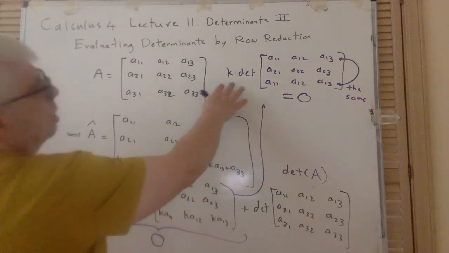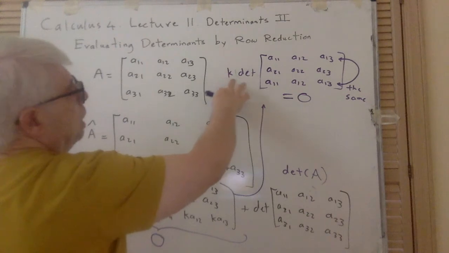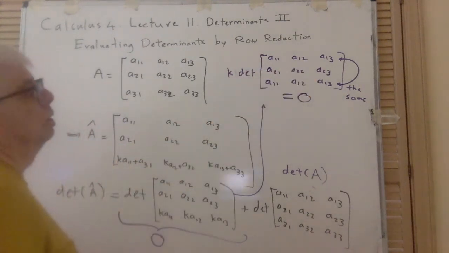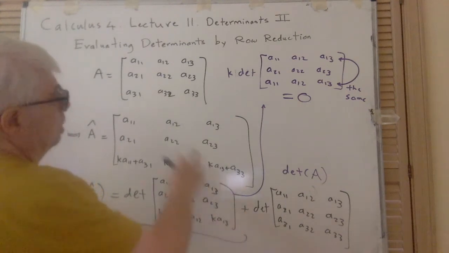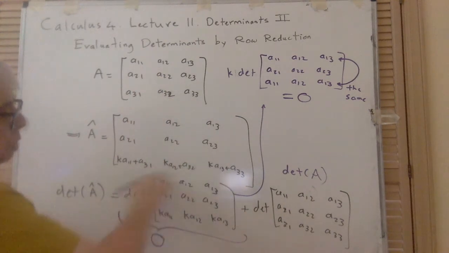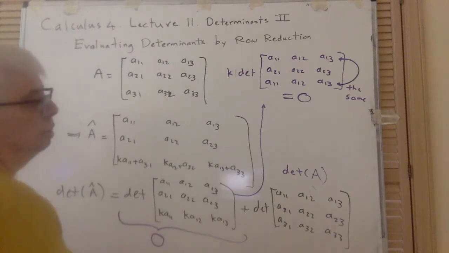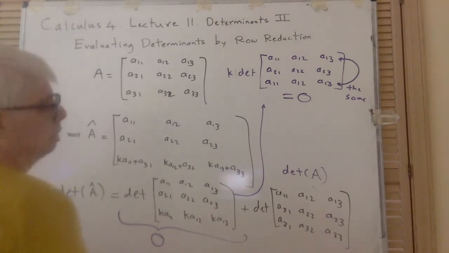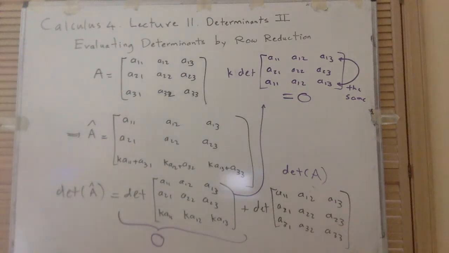So using fact number 1 and the last one: fact number 1 was if I multiply one row by k, then it is k times the determinant of the matrix. Another one is I can decompose a matrix like this as the determinant of two matrices. And another fact was if two rows of a matrix are the same, then the determinant is 0.